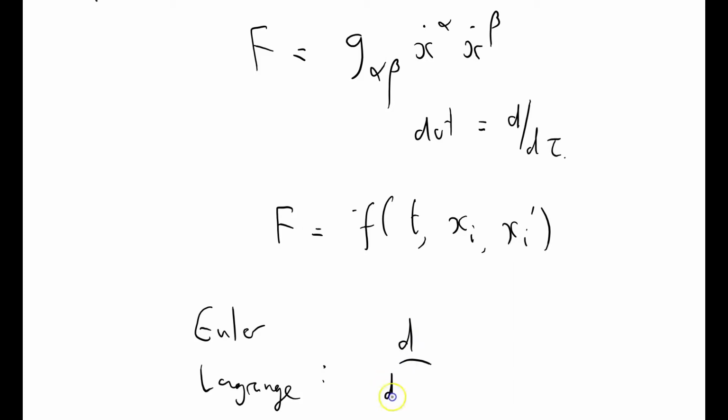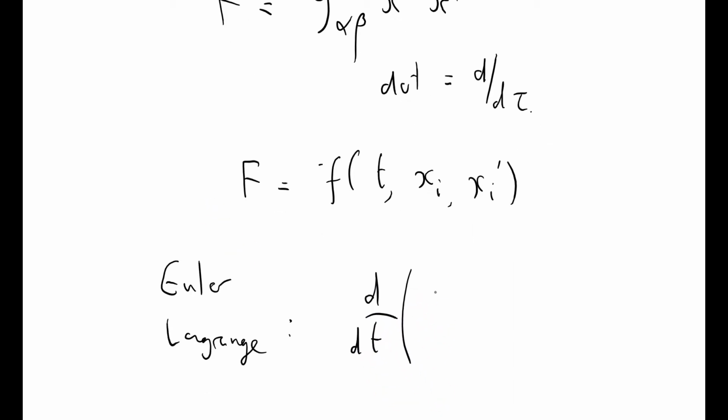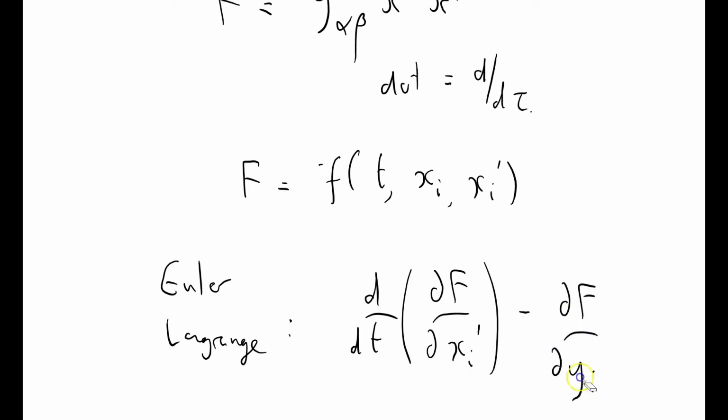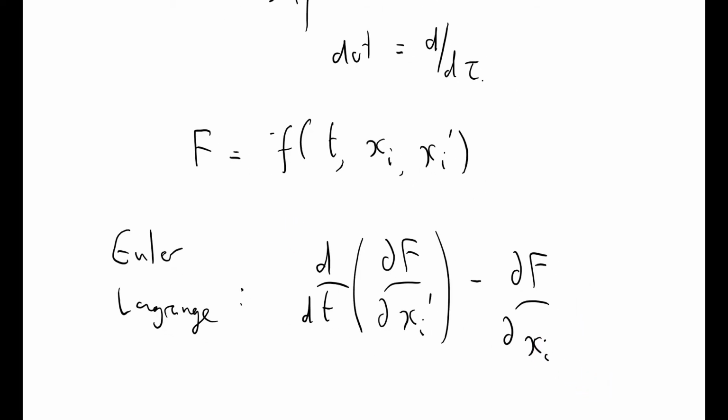That gives us d by dt of di f by di xi prime minus di f di xi, it's not y, it's an x. You'll see y in the literature for reasons that aren't entirely clear to me. Sometimes you have t as the horizontal axis of your graph, sometimes t is your independent variable, and sometimes it's x. And it's difficult to have t and x and y, so quite often you'll see x and y dash as your three dependencies of f equals 0, and that's the Euler Lagrange equations.